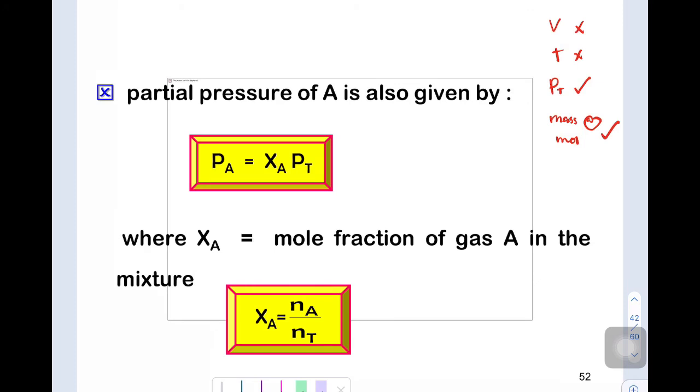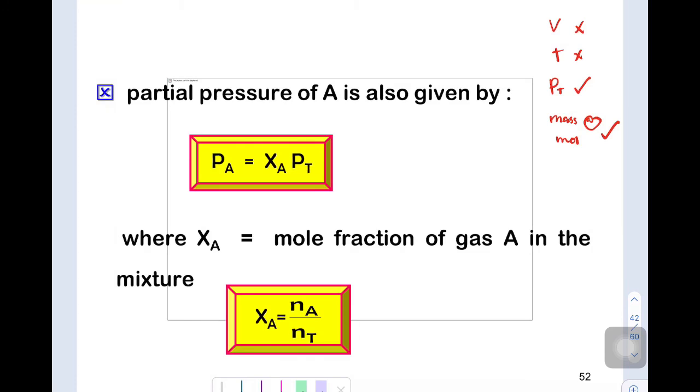Then we can use the second equation to determine the partial pressure of any gas, which is the equation of partial pressure of A: PA is equal to XA multiplied by the total pressure, in which XA is the mole fraction of gas A in the mixture. We have learned mole fraction in chapter 2.